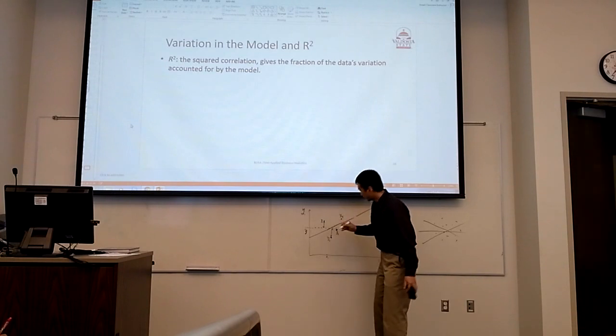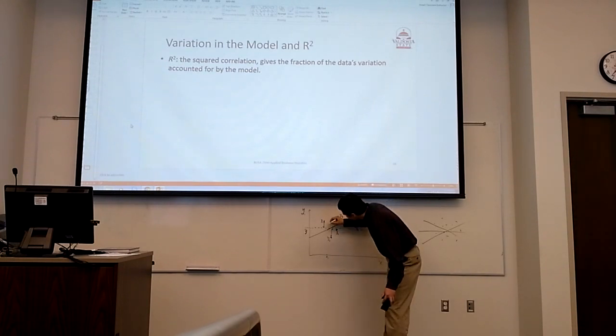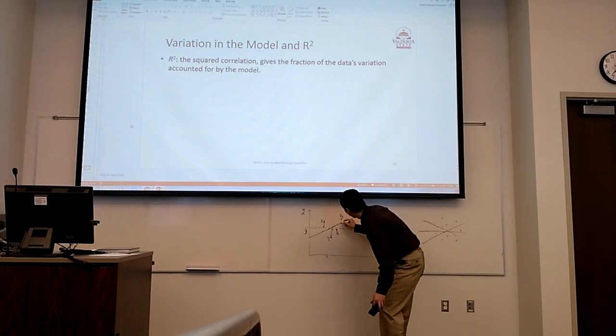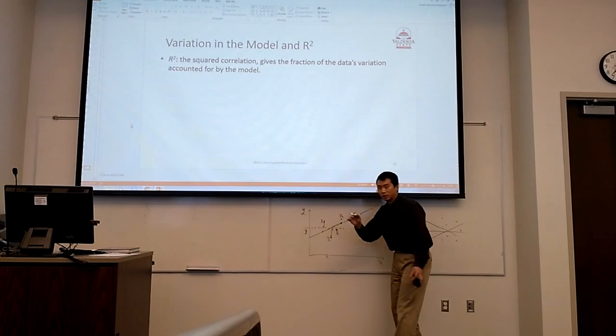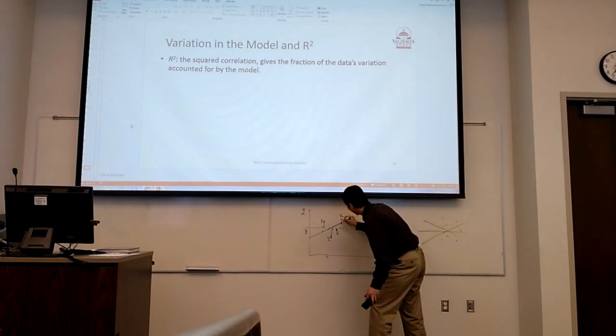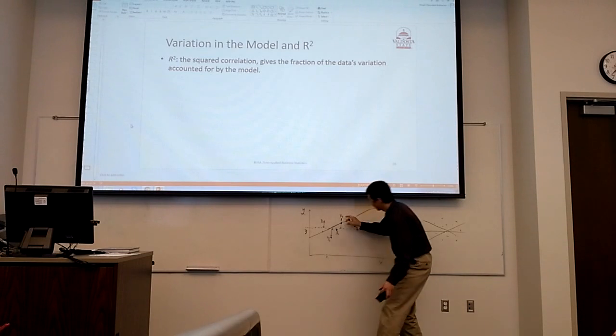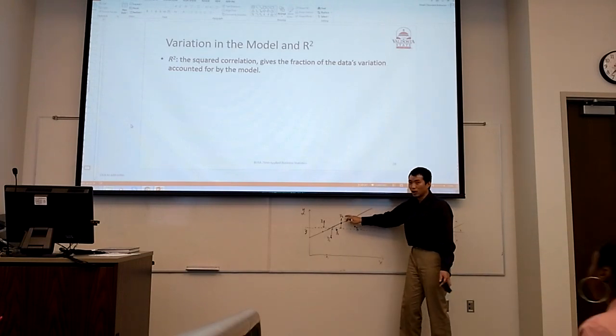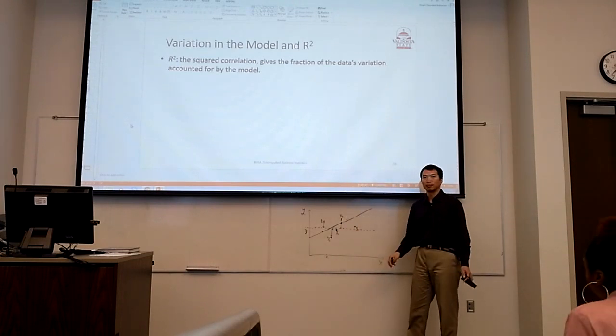If we take a value here, and here, and here, we know the difference between the actual y value and its mean value is here. That's the difference between the actual y value and its mean.